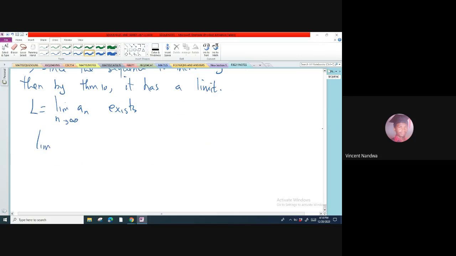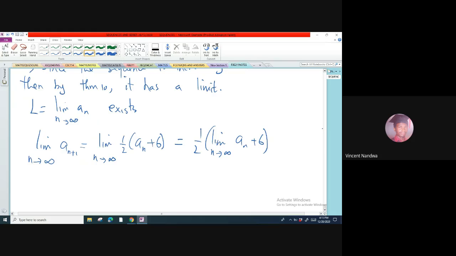The limit as n approaches infinity of an plus 1 equals the limit as n approaches infinity of a half into an plus 6, which is the same as a half times the limit of an plus 6, which is the same as a half into L plus 6.